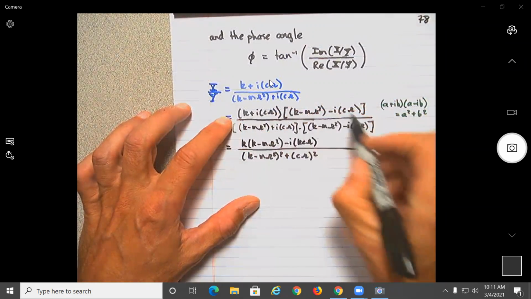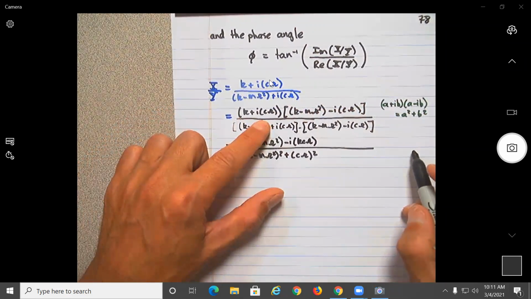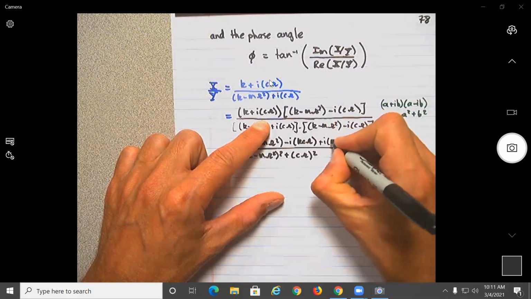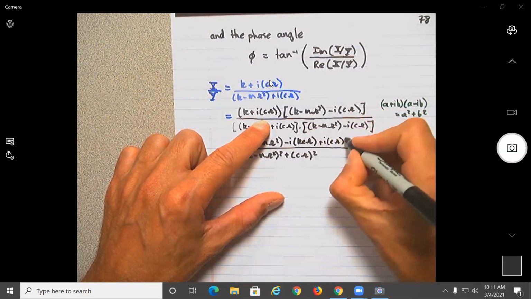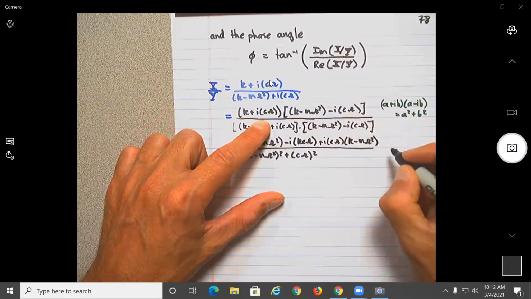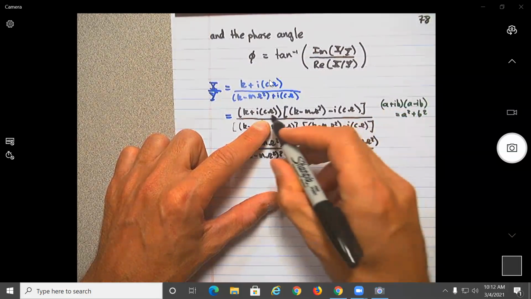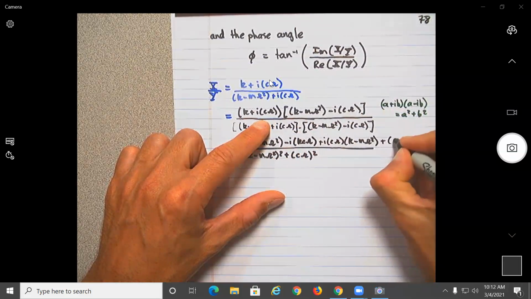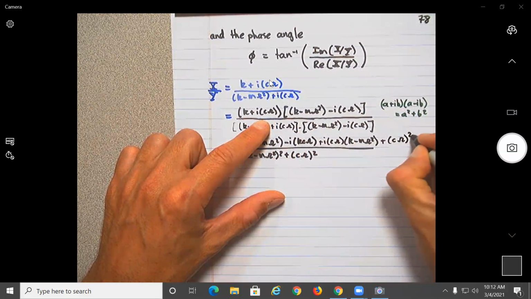I'm just developing here this product plus I c omega times k minus m omega square. This will be I square, minus minus plus c capital omega square.